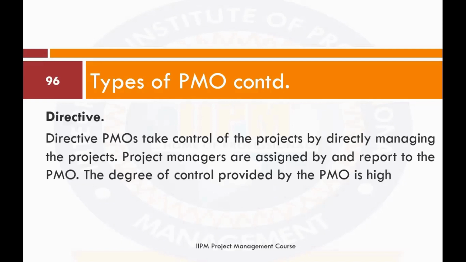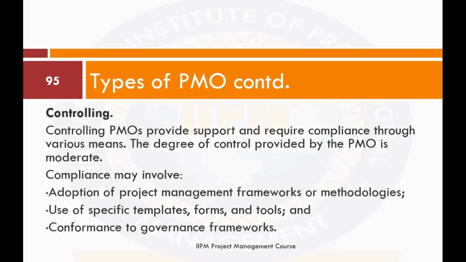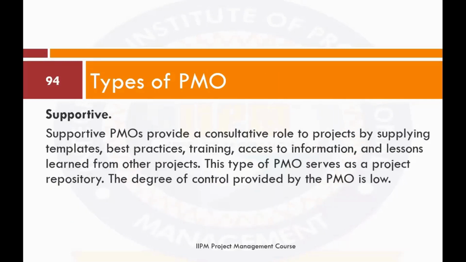So project managers are assigned by and report to the PMO. And this is now a functional structure, all right? See, it's a functional structure, okay? The degree of control provided by the PMO is high. In the supportive PMO, the degree of control the project manager brings to the project is high.